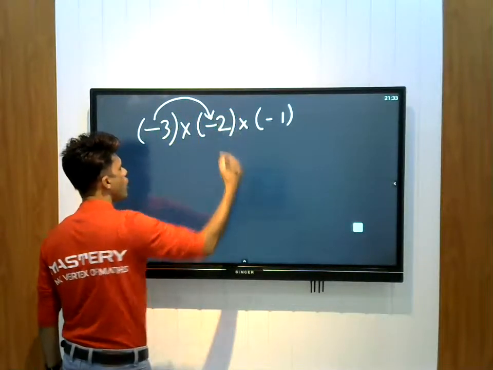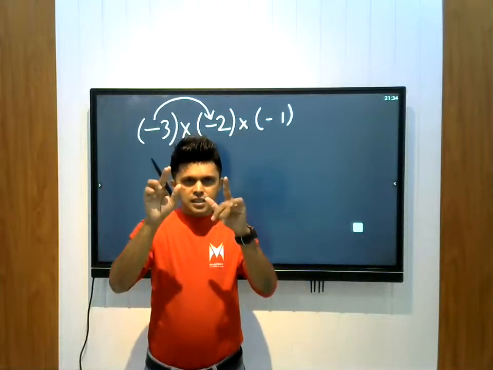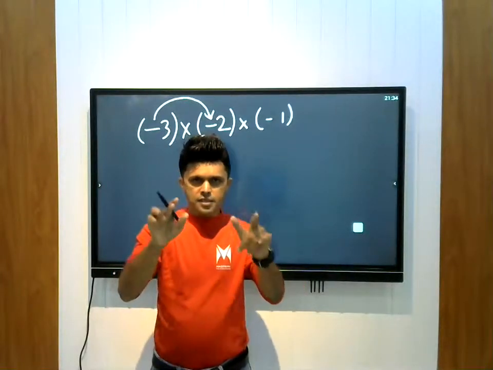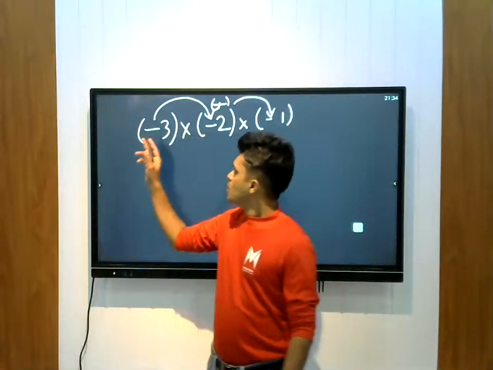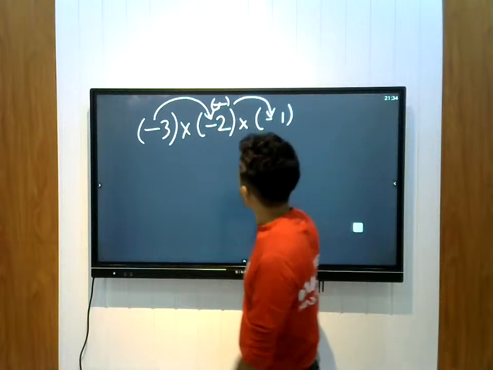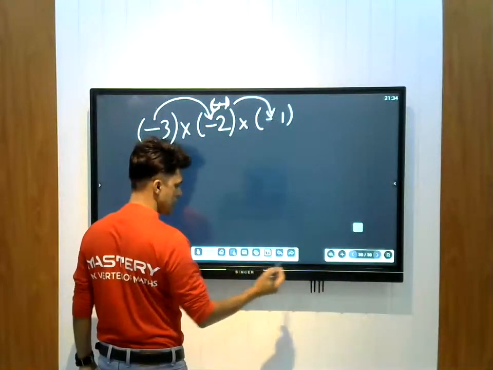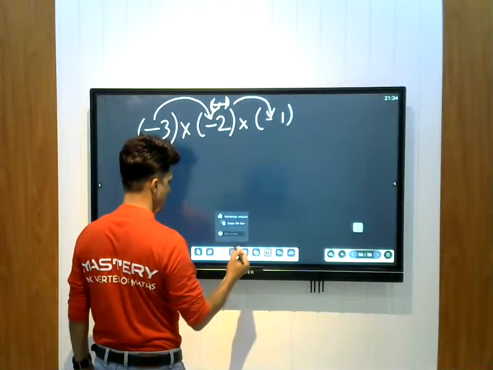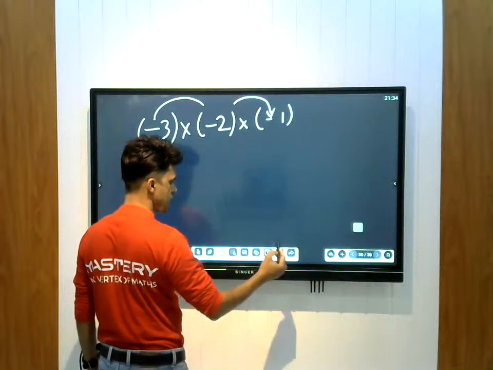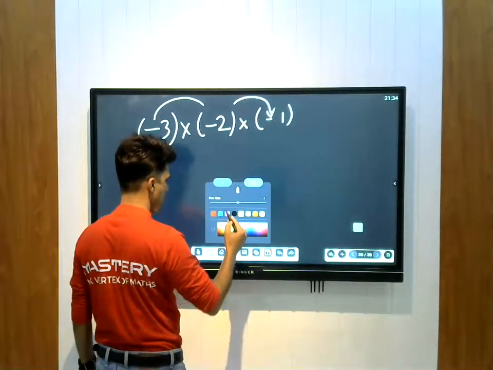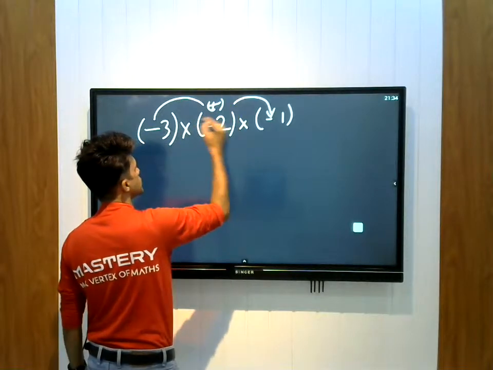Here minus, here minus. Minus into minus, already you have been taught, that is plus. Minus into minus, multiply it. Minus into minus plus, here plus.